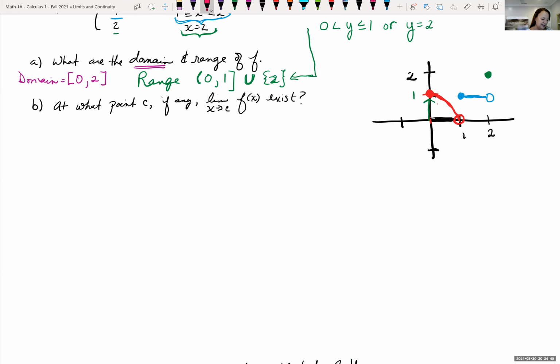So if c is between 0 and 1, and including 0, the limit exists.